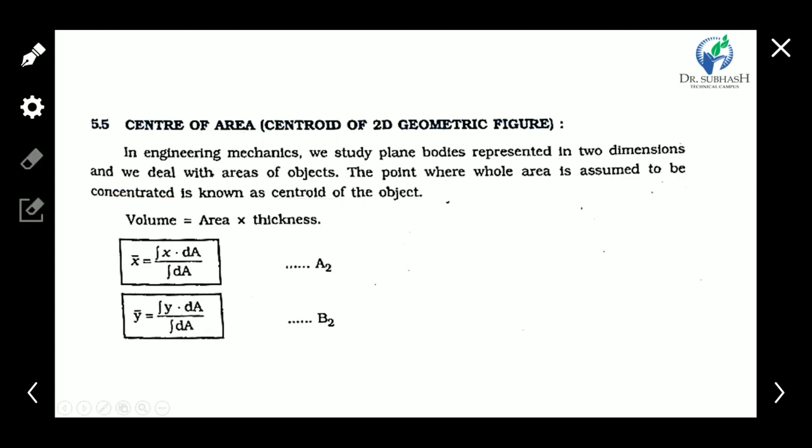So how do we find the centroid, or center of area? The centroid of a 2D geometry, or the center of area: similarly, x bar is equal to the integration of x into dA upon the integration of dA. Okay, clear?